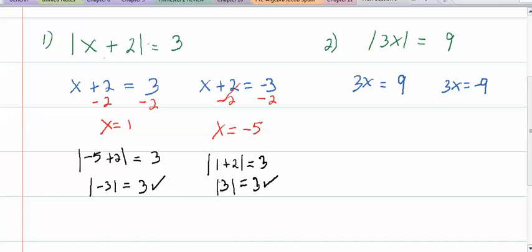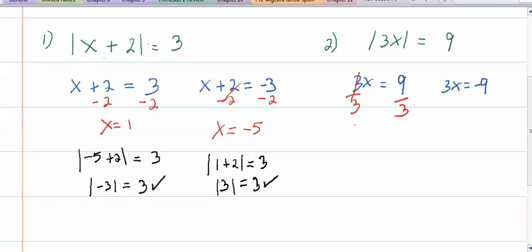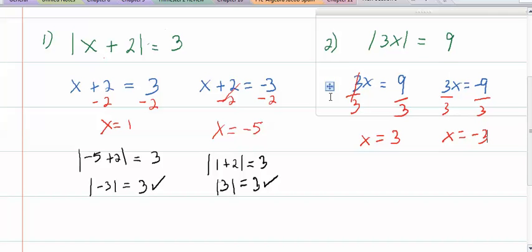Just like you solve any equation, you're going to divide both sides by 3 to get 1x. Sorry, my computer's going crazy. X is equal to 3. Divide by 3, divide by 3. X is equal to negative 3. And again, you can plug it in. You can do it in your head or on paper, but those would be the two correct answers.